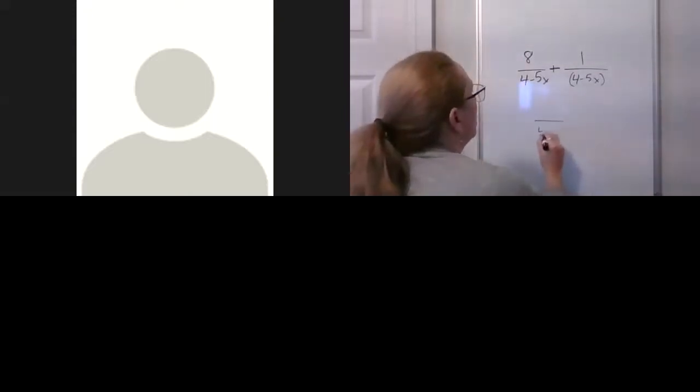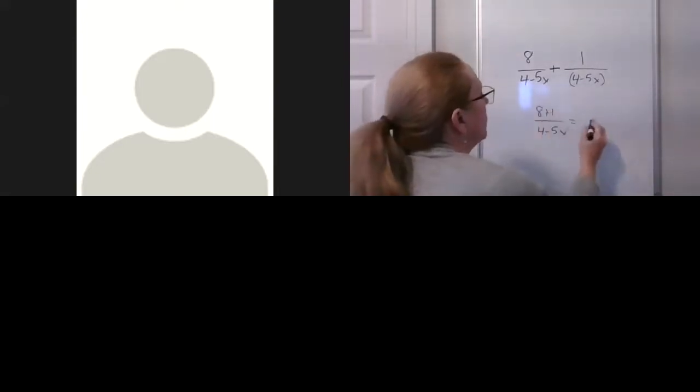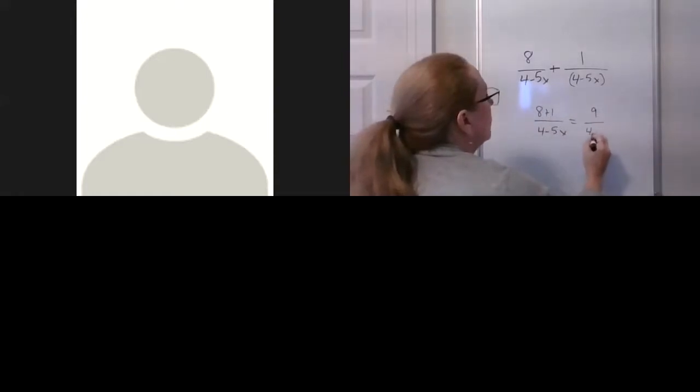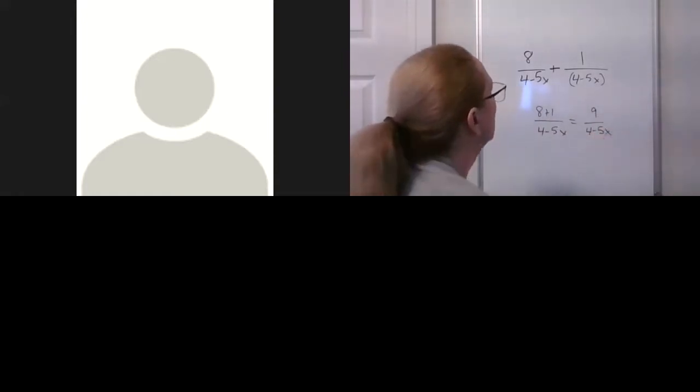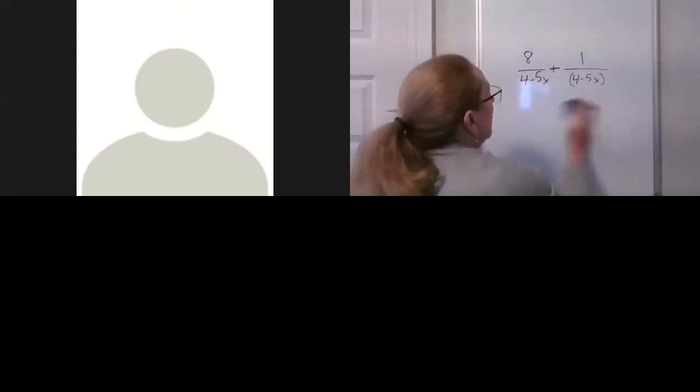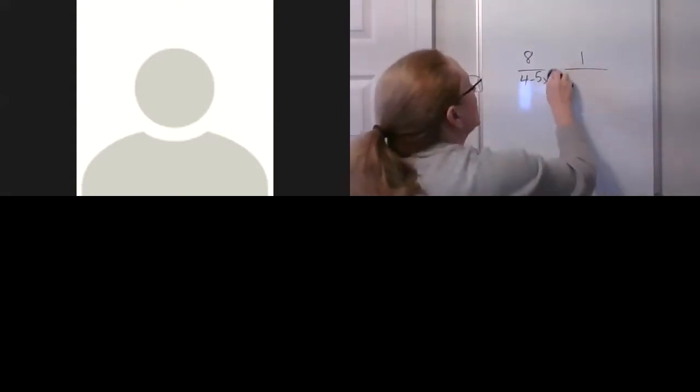So now we got 4 minus 5x over 8 plus 1, or 9 over 4 minus 5x. Now, some of you might say, well, can I flip this one? Yes, you can. So let's go and do that. Back to the beginning and see what you get.